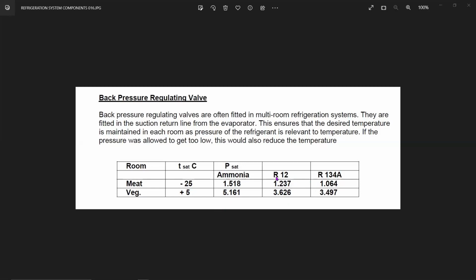Then it will be difficult to maintain that temperature. Yes, because that flow will be basically going over here.